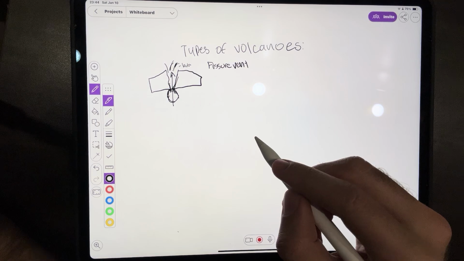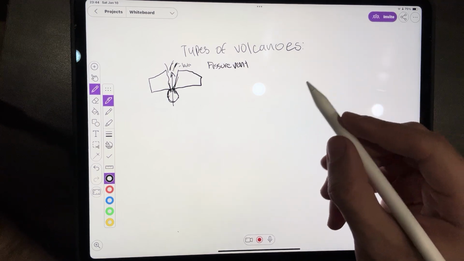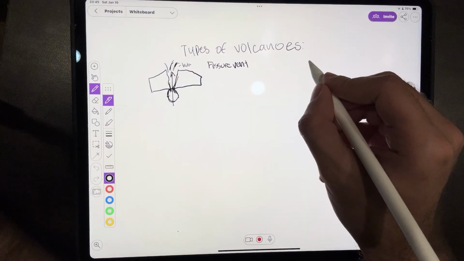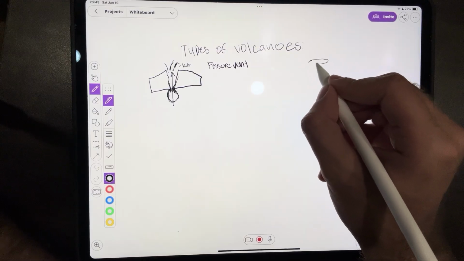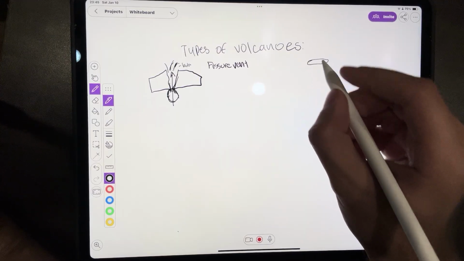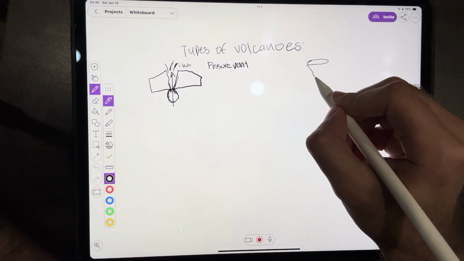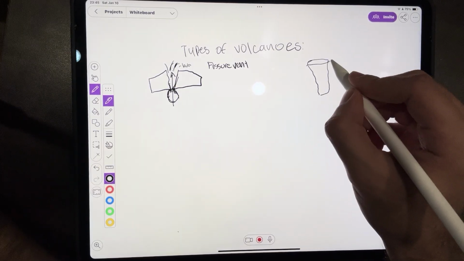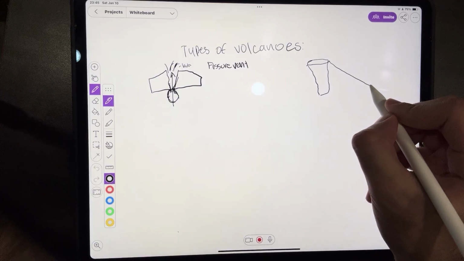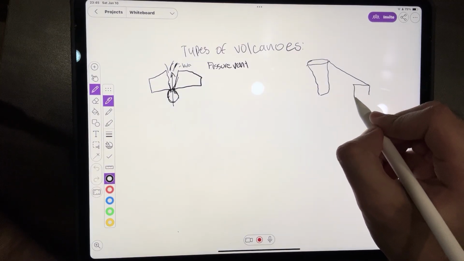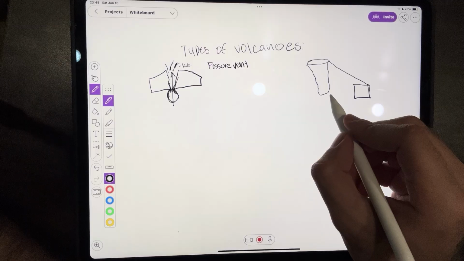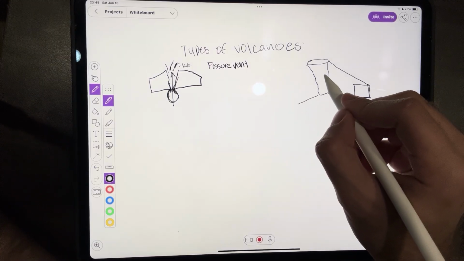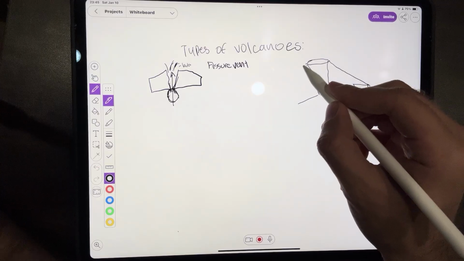That is one. Now, another volcano that exists is what's known as a shield volcano. Now, a shield volcano looks something like this. It's like a mountainside with lava in the middle.